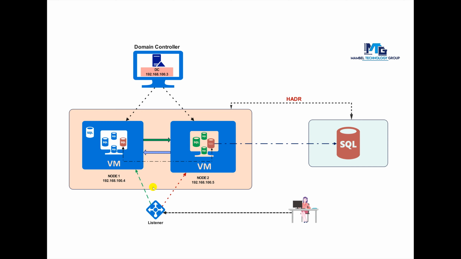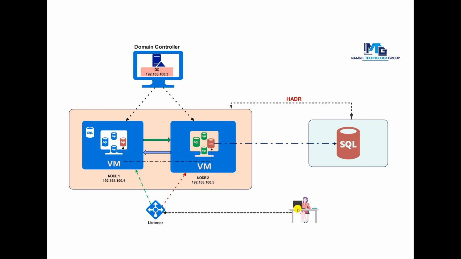The listener is very smart. It understands because it communicates with these servers through the heartbeat, right? Each time it pings any of them and tries to understand which server is up and running at what time and which server is the primary.